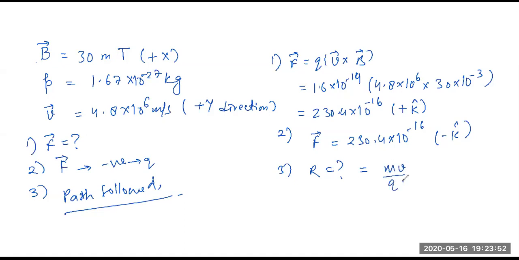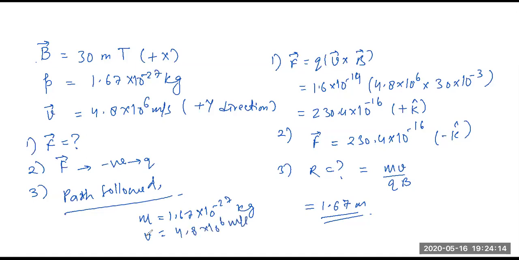MV divided by Q. 1.67 meters. Correct. What's the value of m? You can check it by yourself, but this is the correct answer. You'll have 1.67 into 10 to the power minus 27 kg, so no need to change units. V is 4.8 into 10 to the power 6 meter per second, again in SI units.